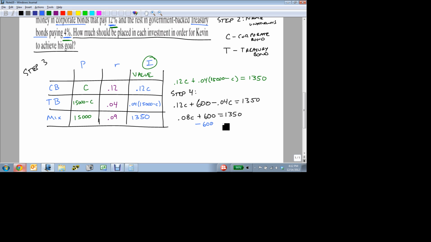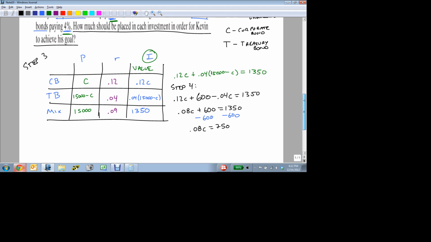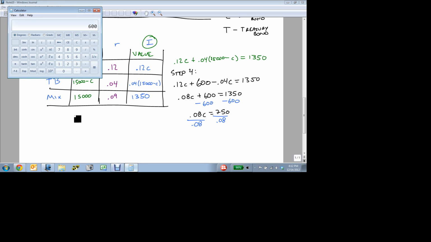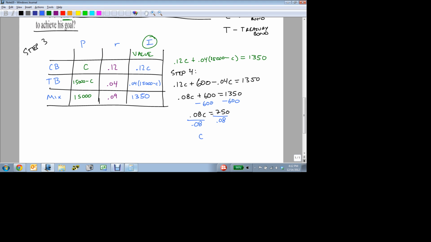We will subtract 600 from both sides, so that 0.08c equals 750. Divide both sides by 0.08. Get our calculator out again. And our corporate bonds turn out to be $9,375. So we're going to take $9,375 of our $15,000, and we're going to invest that into 12% corporate bonds.